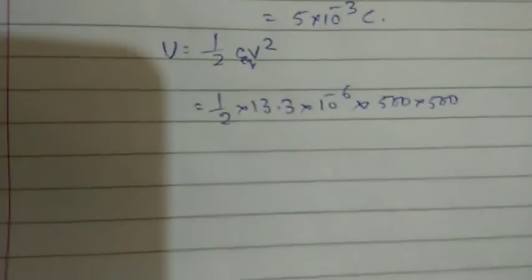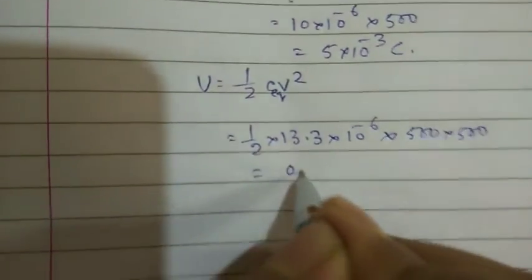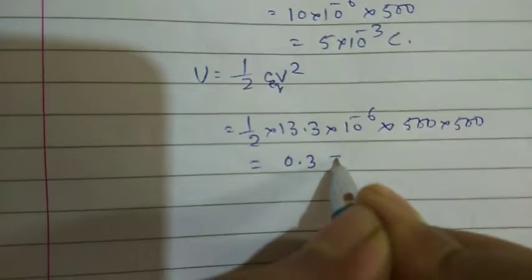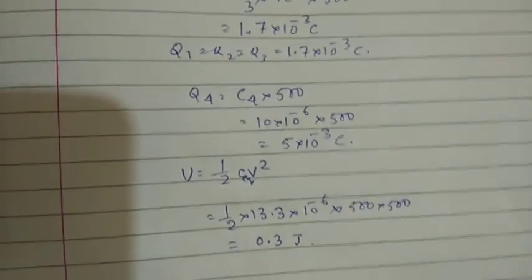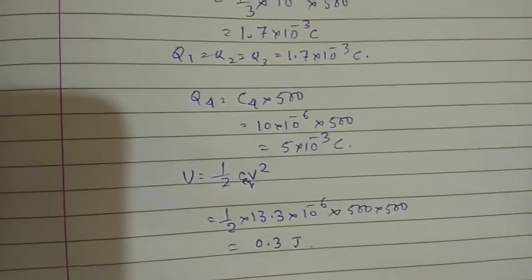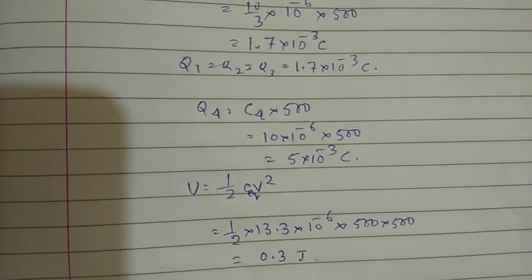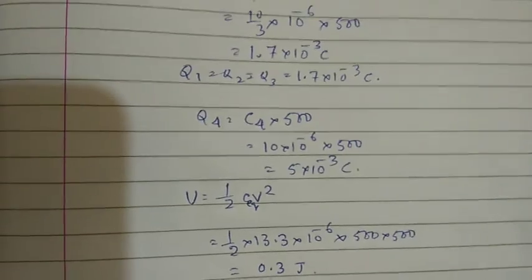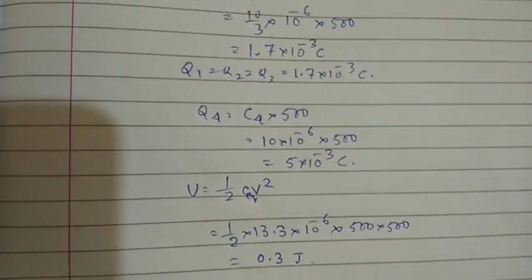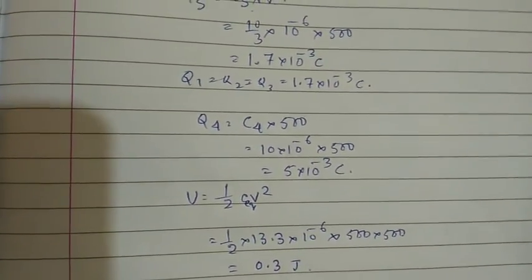Calculating, you will get approximately 0.30. So this is how they will give you a system of capacitors, and you will have to find these kinds of things. We'll solve more numericals now on Google Classroom.